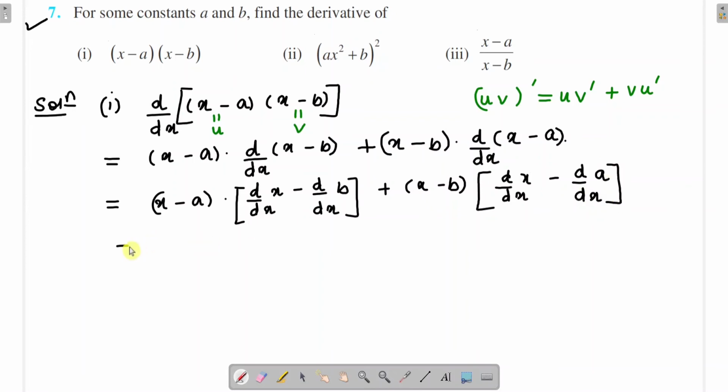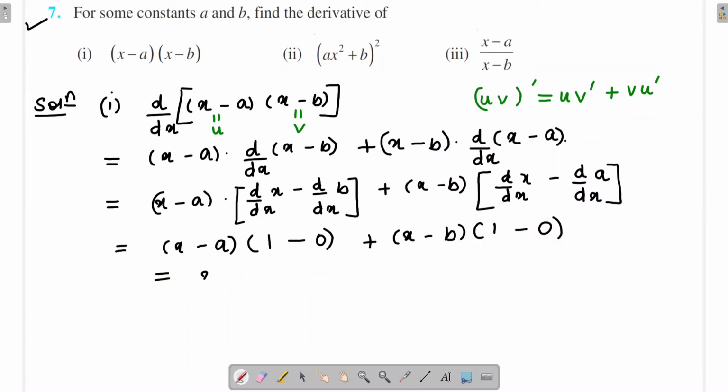Okay, so what we will get? X minus a times the derivative of x, you know what it is, 1, minus the derivative of the constant b is 0. Now plus you have x minus b multiplied by the derivative of x, you know what it is, 1, minus the derivative of the constant a is 0.